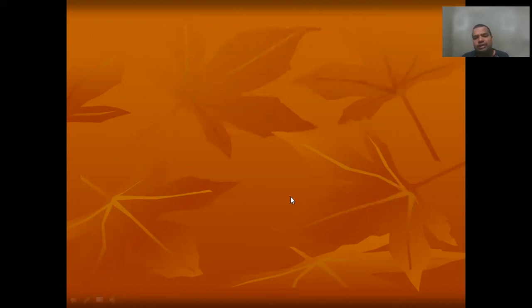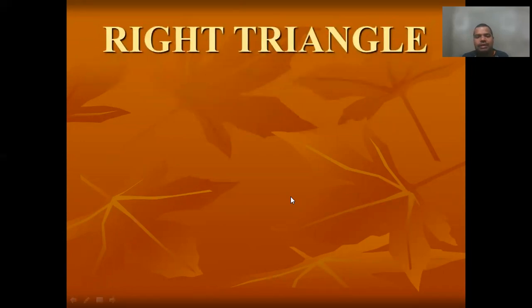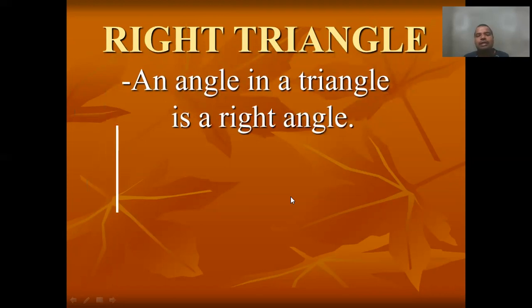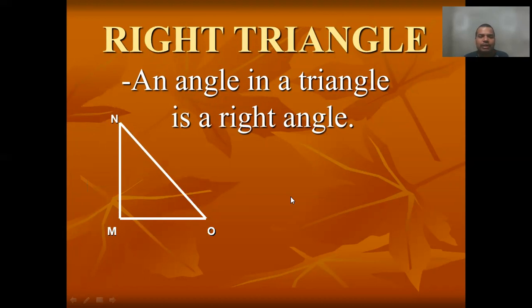Now coming on to the next classification, that is right angle triangle or right triangle. A triangle is a right angle triangle only if at least one angle is 90 degrees. What we can observe over here is that this angle is 90 degrees. Angle M is the right angle.